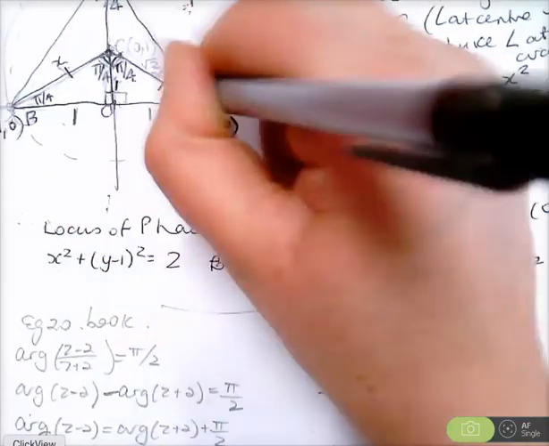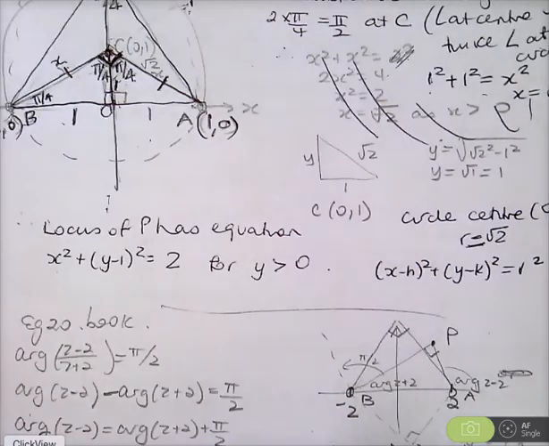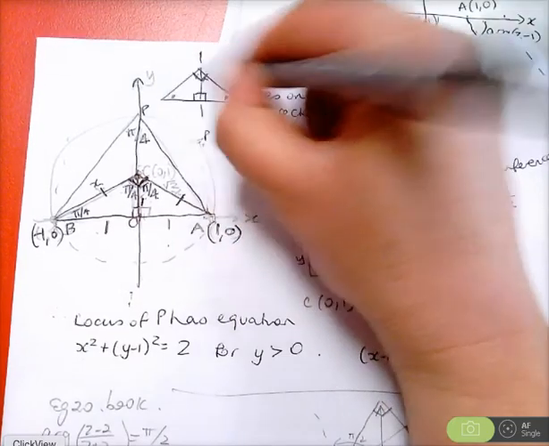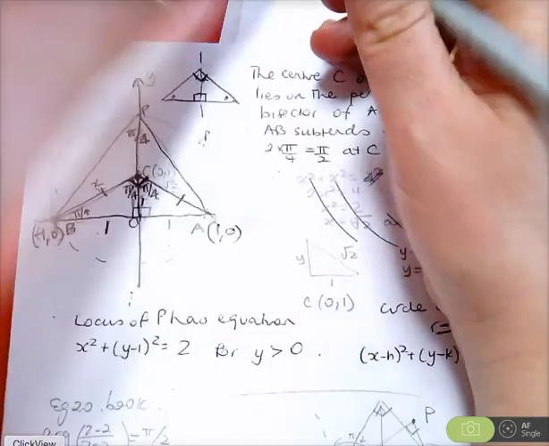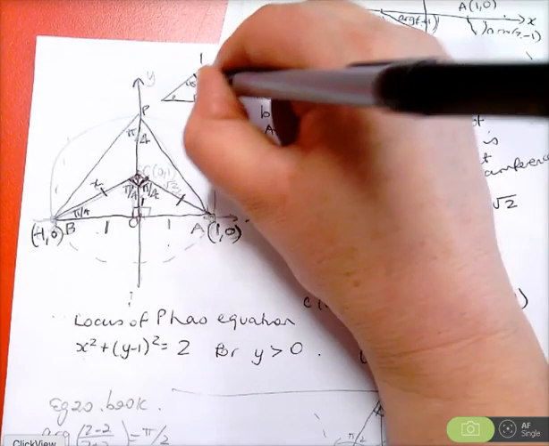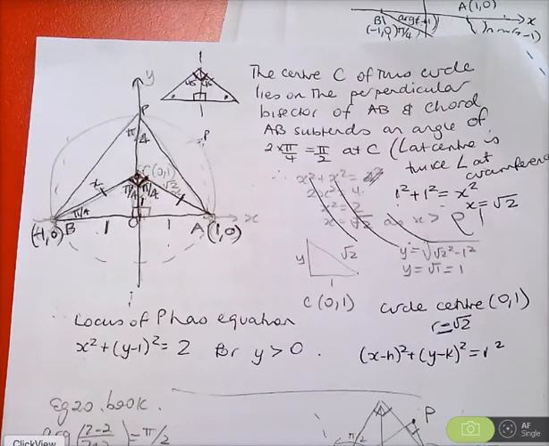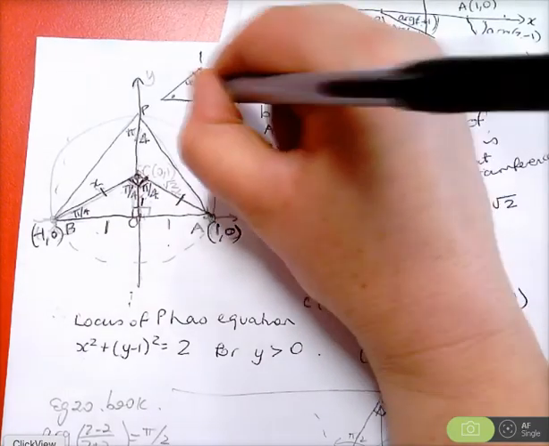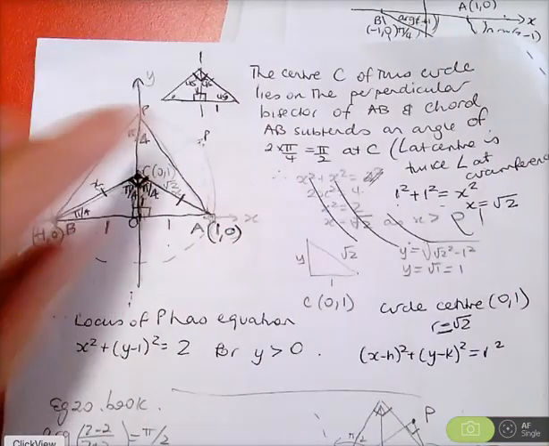If that whole thing in the middle is 90, by the symmetry of an isosceles triangle, which has an axis of symmetry down the middle, that's 45 and that's 45. So if that's 90, that's got to be 45, and if that's 1, that's got to be 1, because you've got an isosceles triangle.